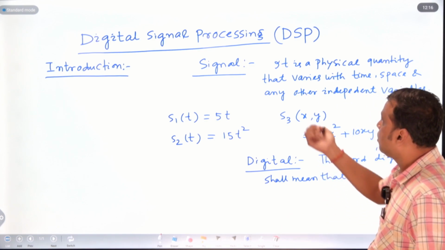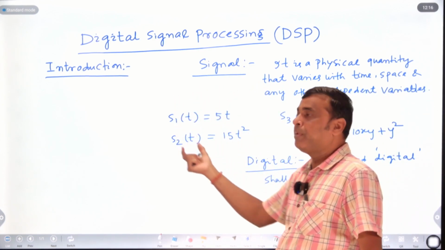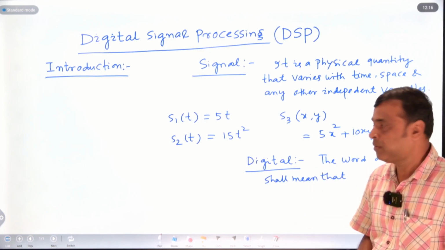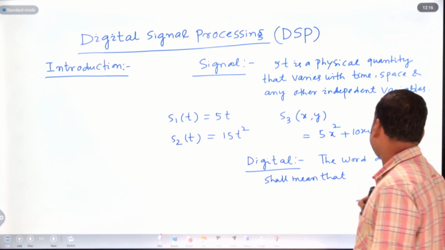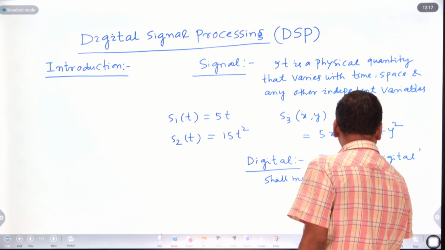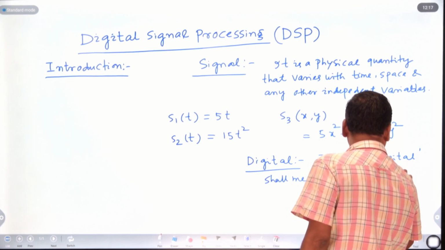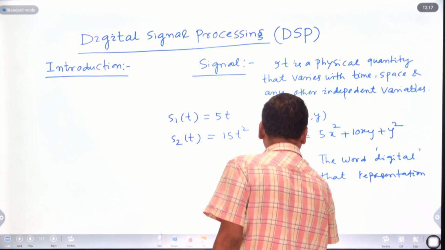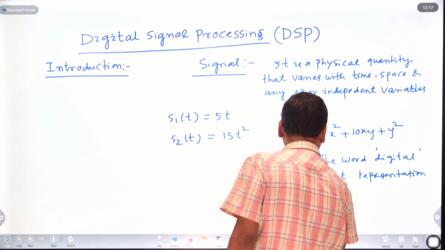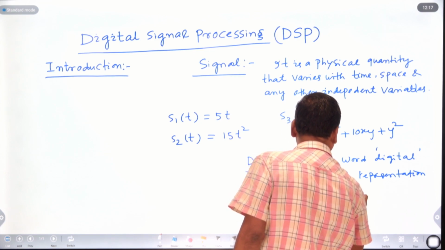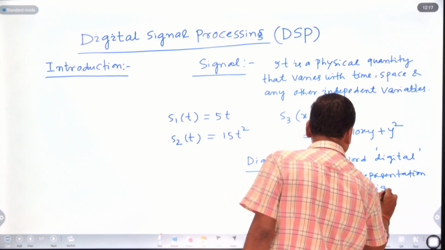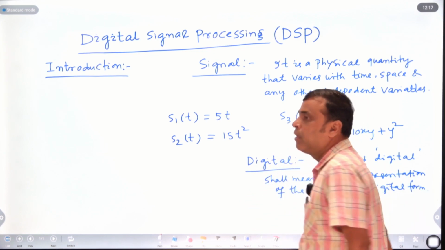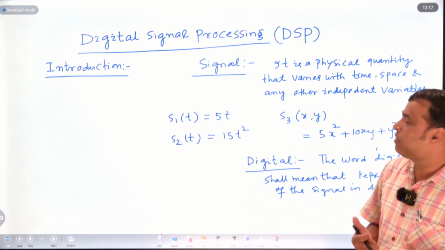The word digital shall mean that we represent the signal in a discrete, that is digital, manner. The word digital shall mean representation of the signal in digital form.